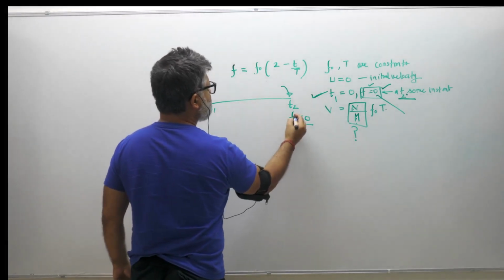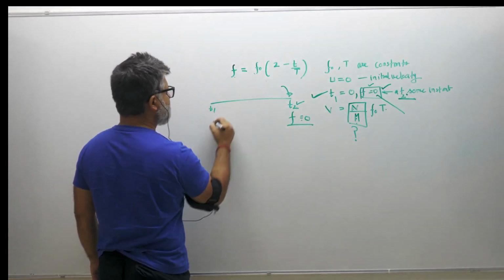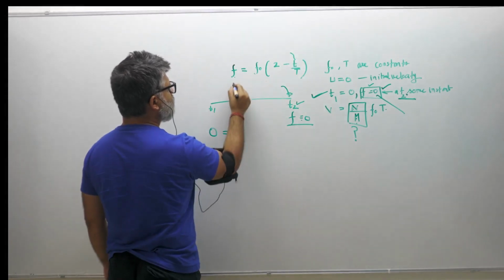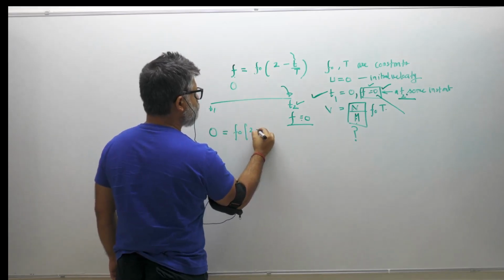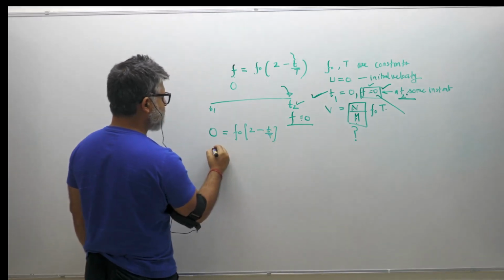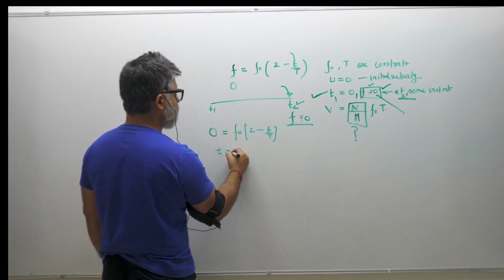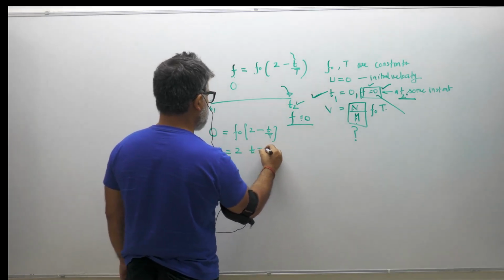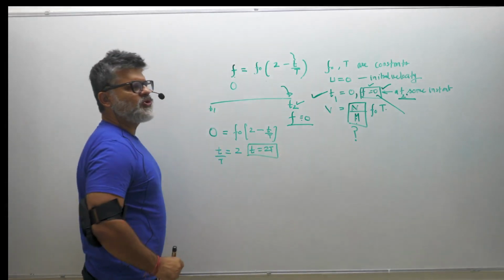So let me take this time instant when acceleration is 0. I will put 0 equal to, let's find t corresponding to F equal to 0. F naught times (2 minus t by T), and this T will go down, so t by T is equal to 2, and t is equal to 2T.